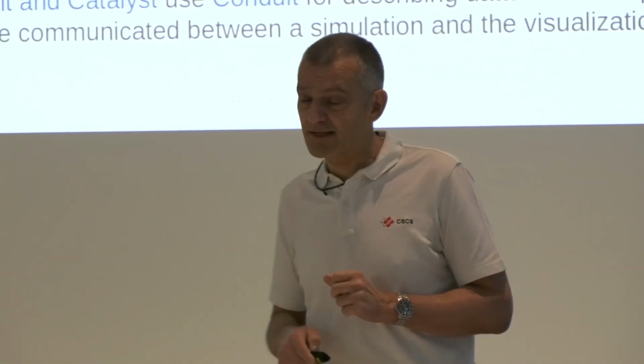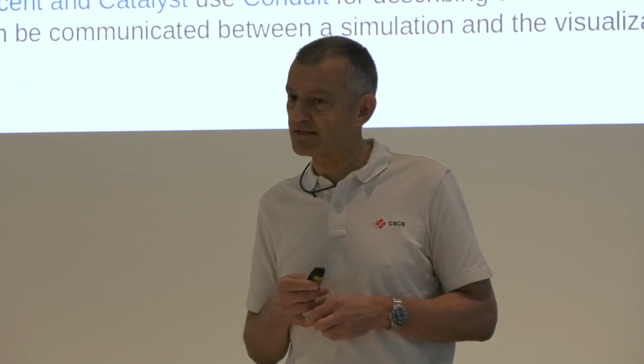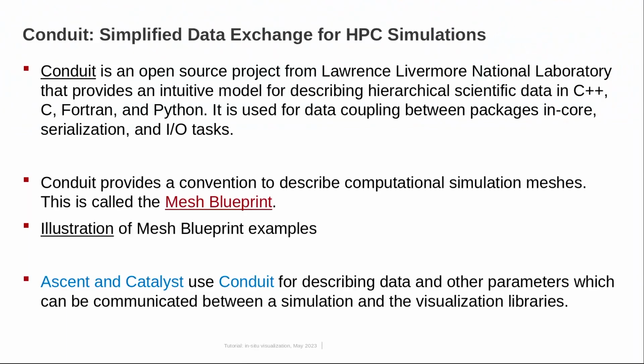So Conduit came out as an open source project at Lawrence Livermore. Here I have to come back to my desk because I need to click on a couple of pointers. Conduit is designed to be an interface, a way of exchanging data between, generically speaking, a data producer and a data consumer. Okay? With interfaces in C++, C, Fortran, and Python.